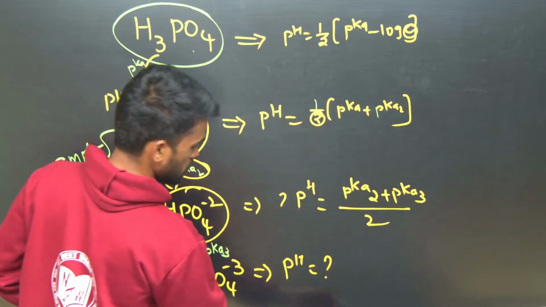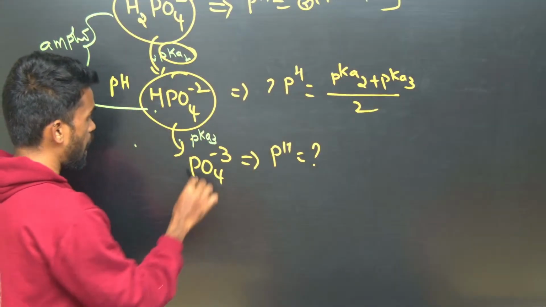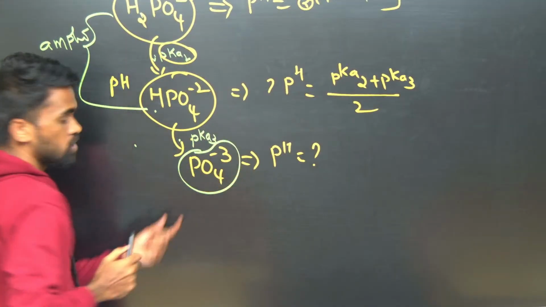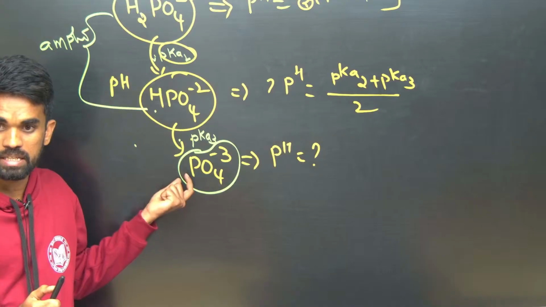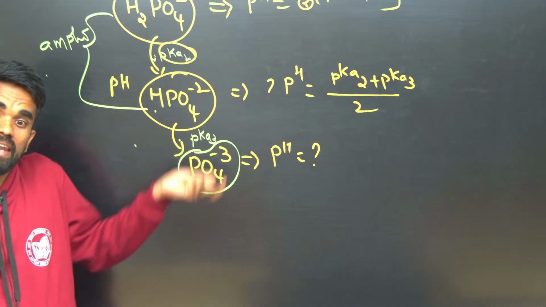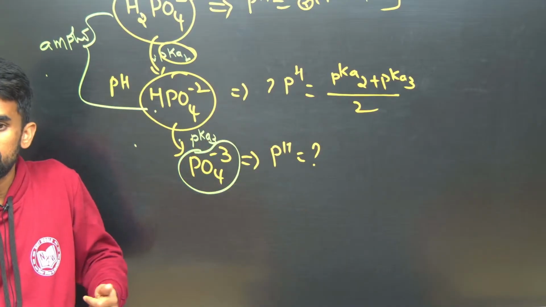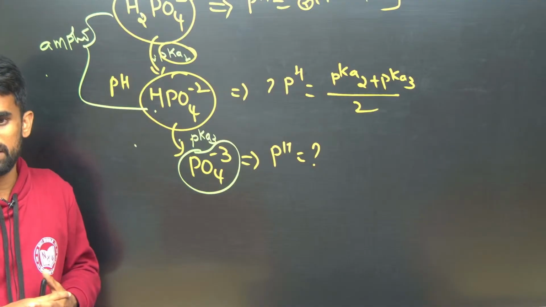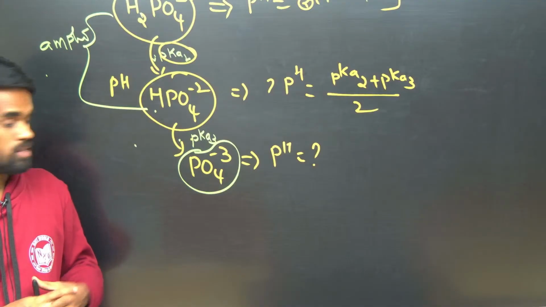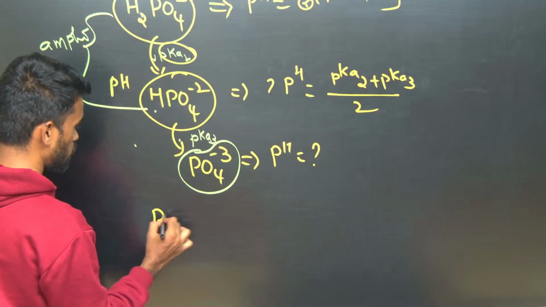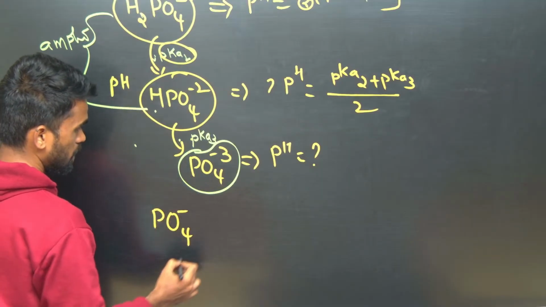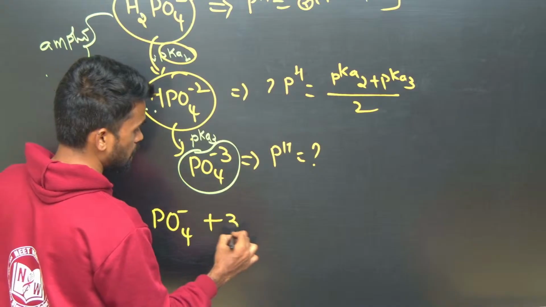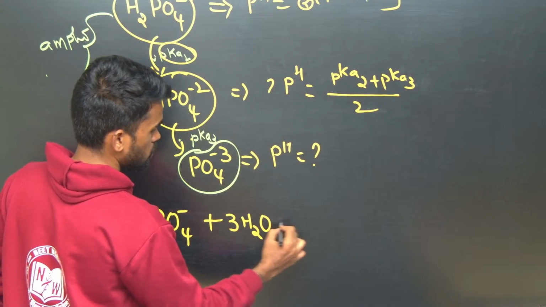For this last one, tell me what ion is involved? Only an anion is there, no acidic proton is there. So it is phosphate anion salt hydrolysis. What is the pH formula in that case? Tell me. If it is undergoing salt hydrolysis, what happens?